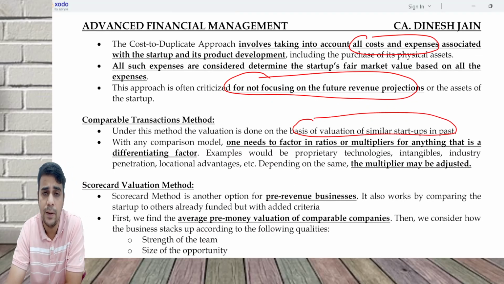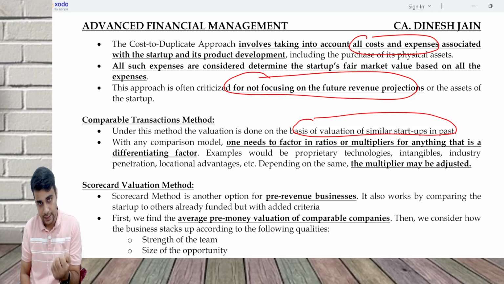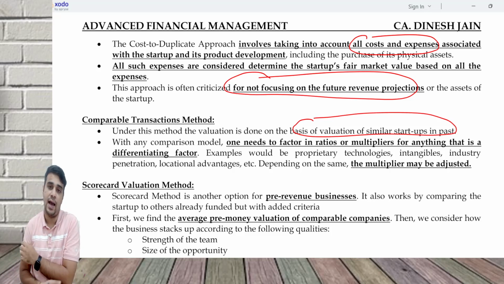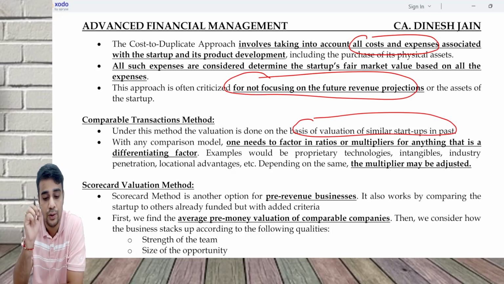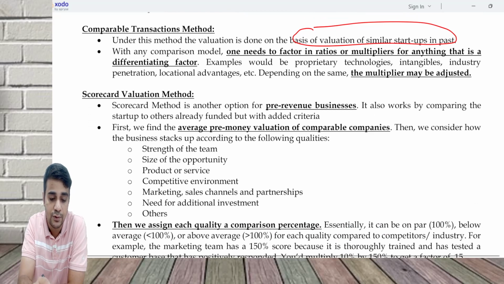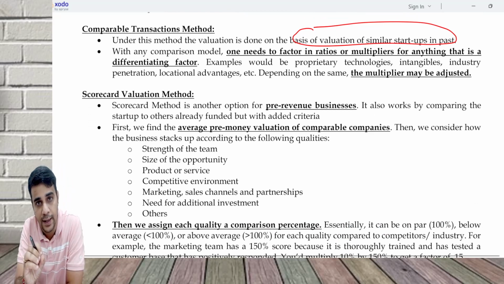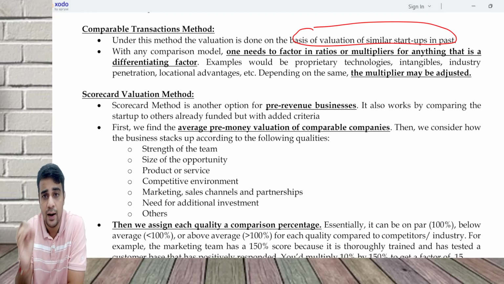Scorecard valuation and Berkus approach are more or less related models, but under scorecard valuation, you are comparing your entity with someone in the industry or the industry averages and giving a score on every parameter. The parameters could be similar to those in the Berkus approach, which were your execution part, or the product or the service part, or the strategic relationship, or the product and consequence sales.